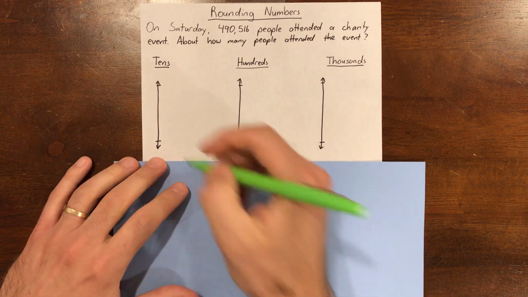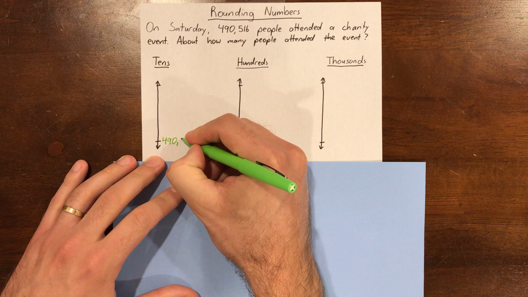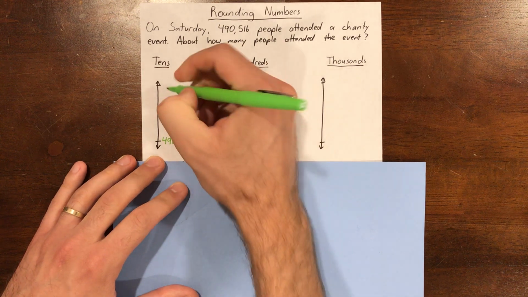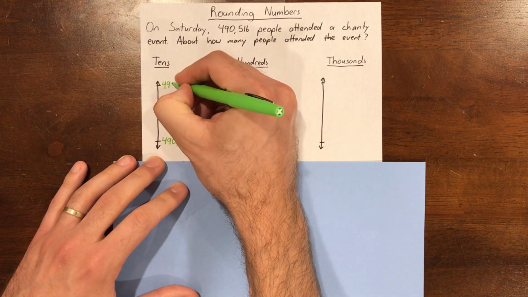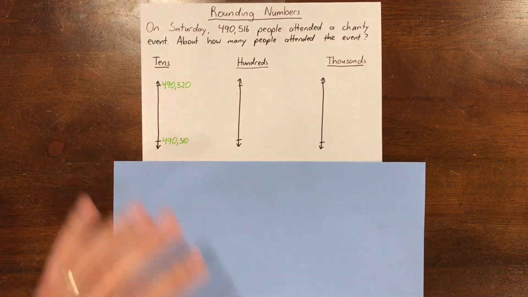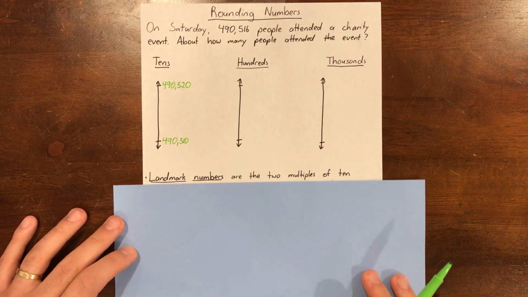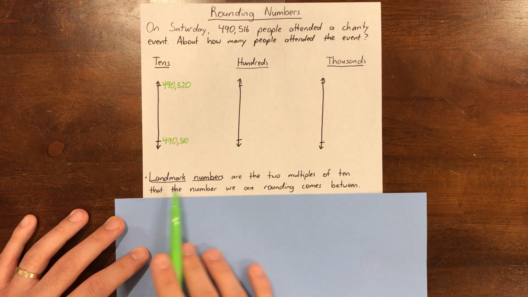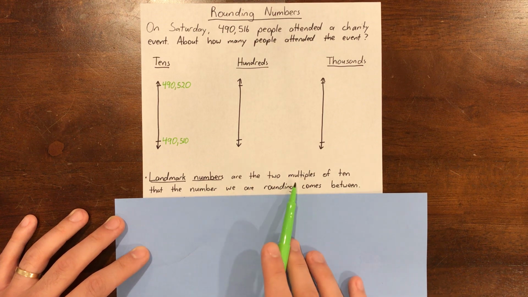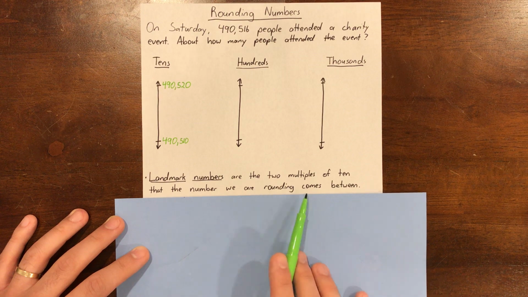Okay, it's between 490,510 and 490,520. 16 is between 10 and 20. So we call these numbers landmark numbers. Read this with me. Go. Landmark numbers are the two multiples of 10 that the number we are rounding comes between.